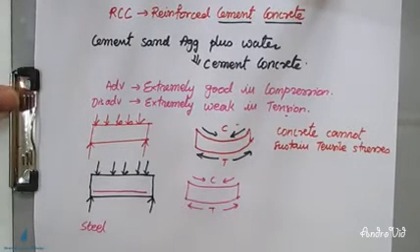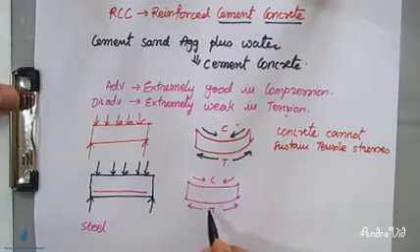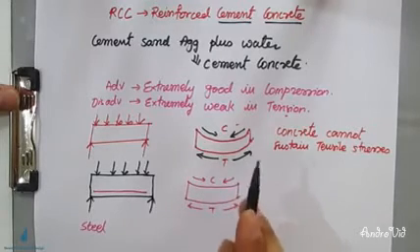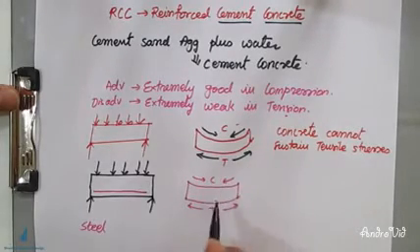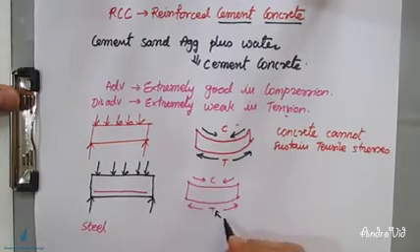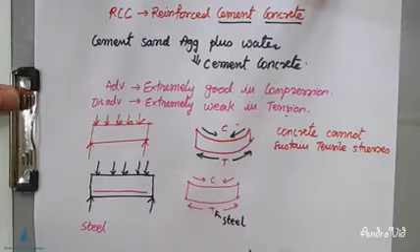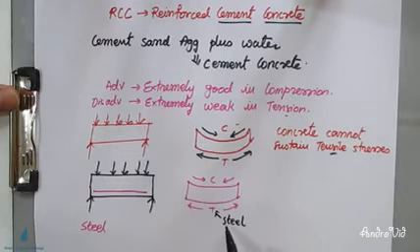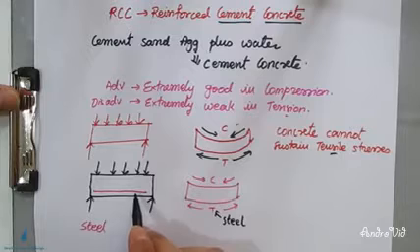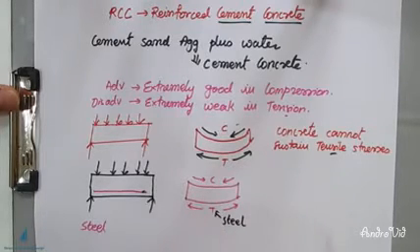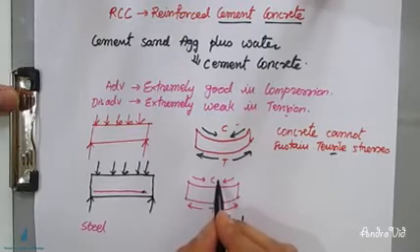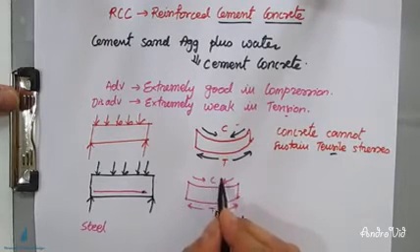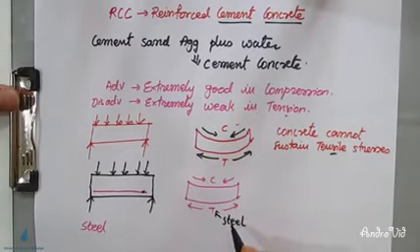But after inserting this steel rod, whatever amount of tension the concrete was not able to take is taken care of by the steel which is reinforced in the cement concrete. Understood? The tension which concrete cannot take is taken by the extra material we are reinforcing in the concrete, which is known as reinforcing steel. So the compression is taken care of by the concrete and the tension is taken care of by the steel.